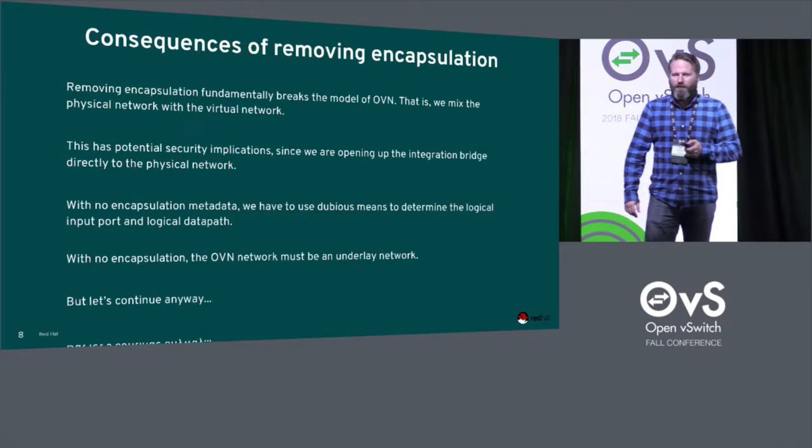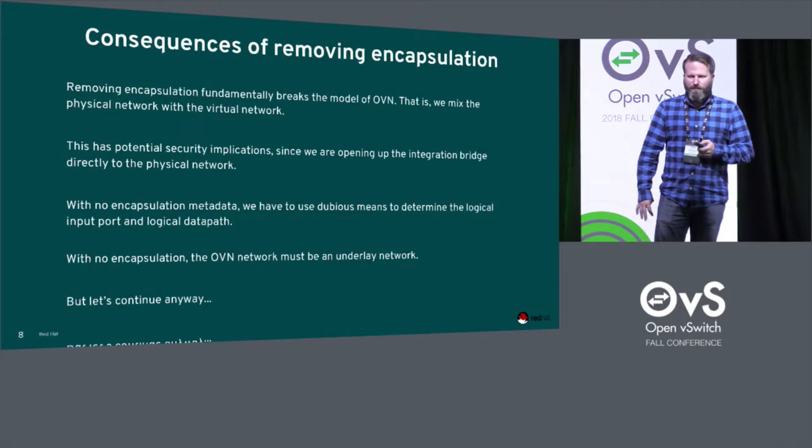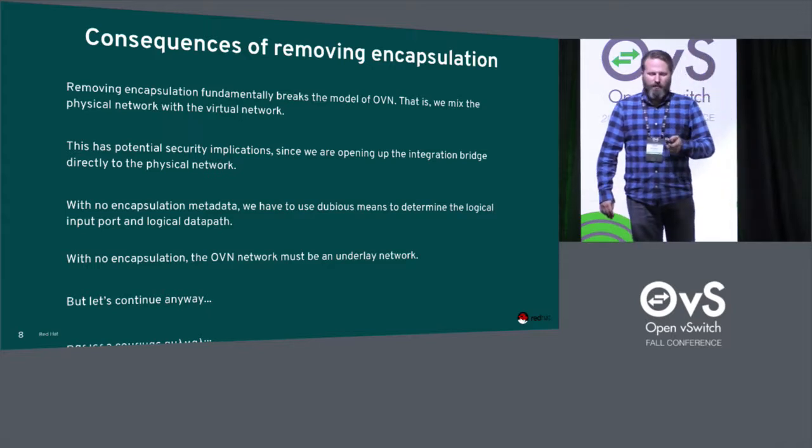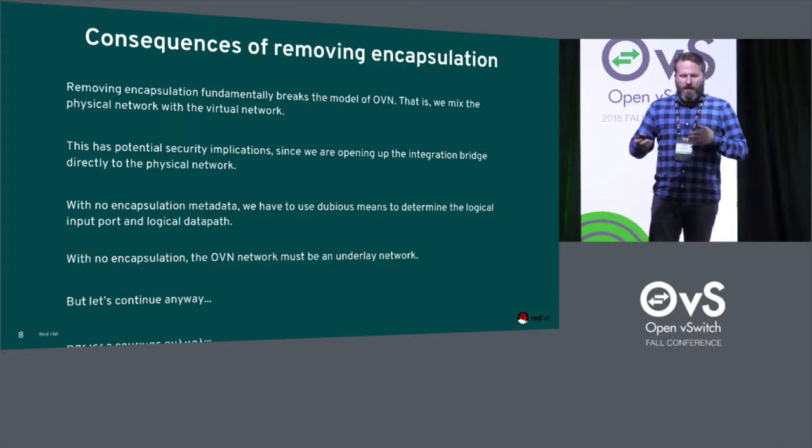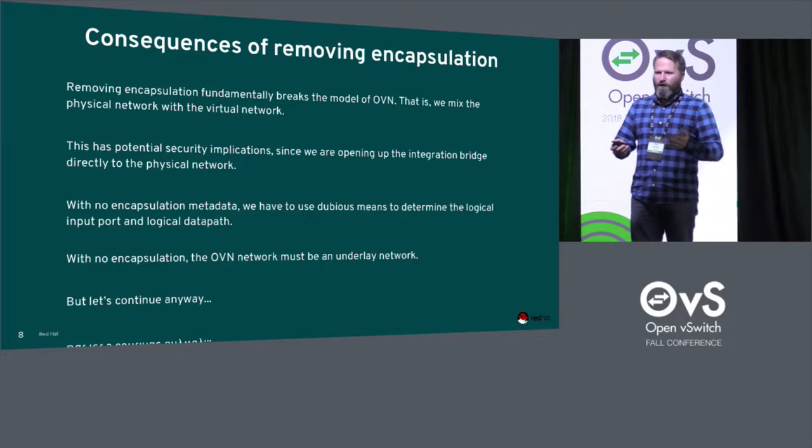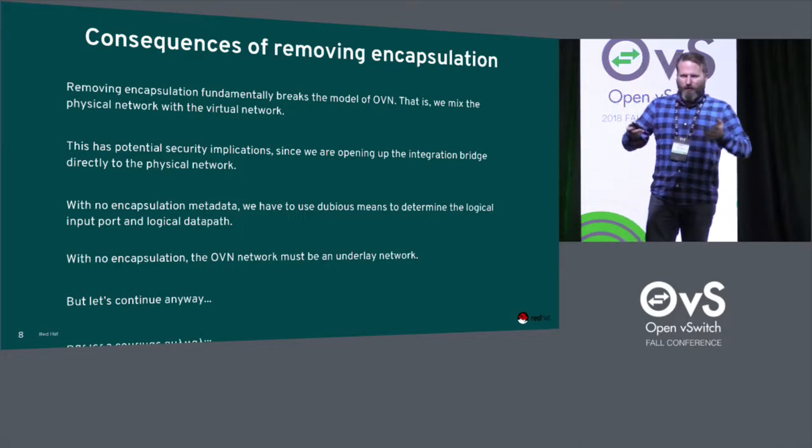Well, when you remove encapsulation, you're removing a lot of capabilities. For one thing, you're fundamentally breaking what OVN is meant to do. You're not really supposed to be mixing virtual and physical on the same bridge. There are security implications, just because you are opening up this virtual network to traffic from the physical network.